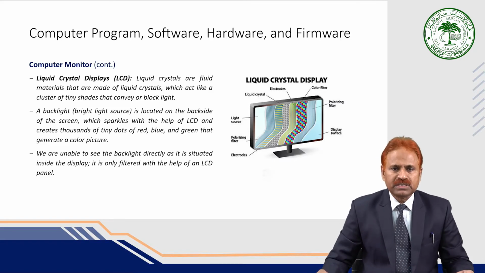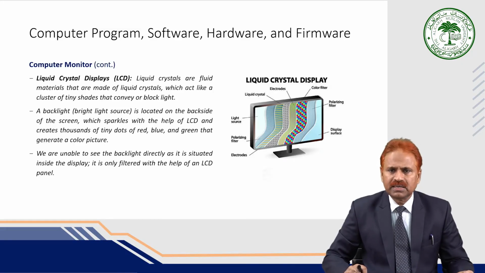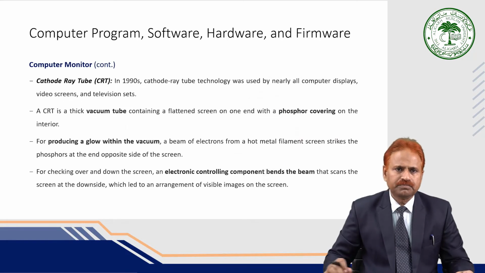We are unable to see the backlight directly as it is situated inside the display. It is only filtered with the help of an LCD panel. You can see here on the right side of the screen an example of a liquid crystal display.